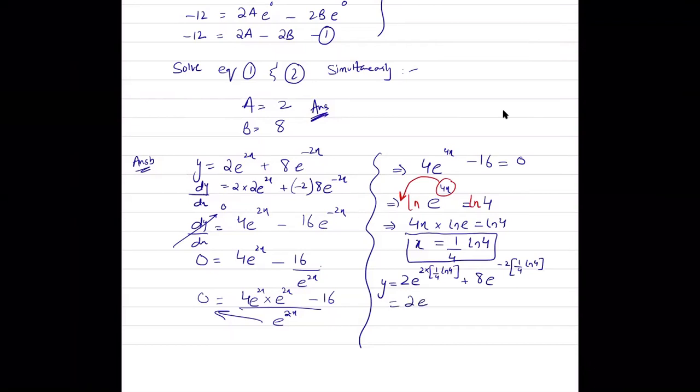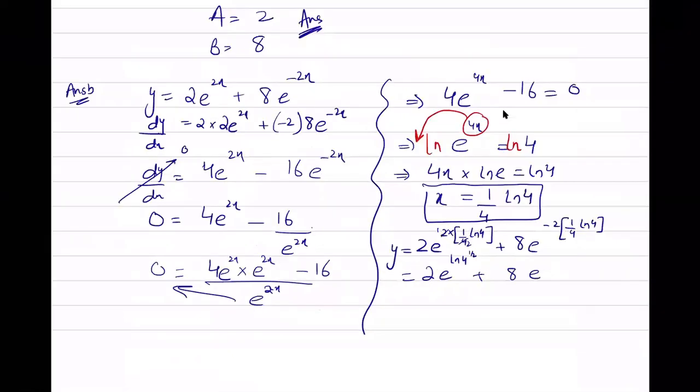So you are going to get 2 e to the power of ln 4 to the power of half plus 8 e to the power of minus ln 4 to the power of half.